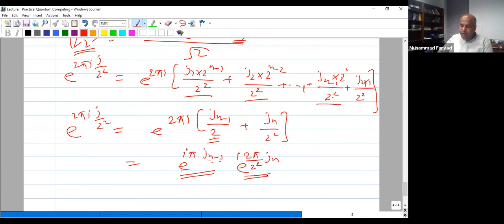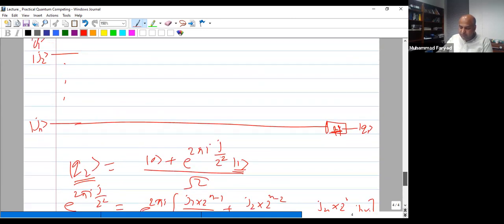For the other term, however, I will need a gate which gives us the required phase. This should be controlled by jn: when jn is 0, no phase, and when jn is 1, I need a phase phi equal to 2 pi over 2 square, which is pi over 2.